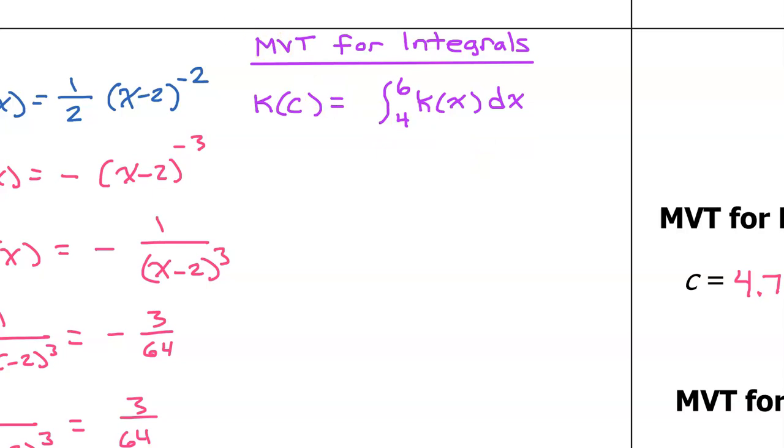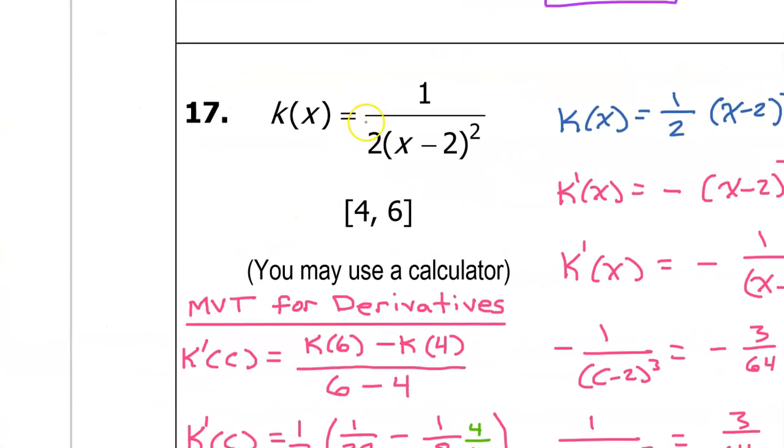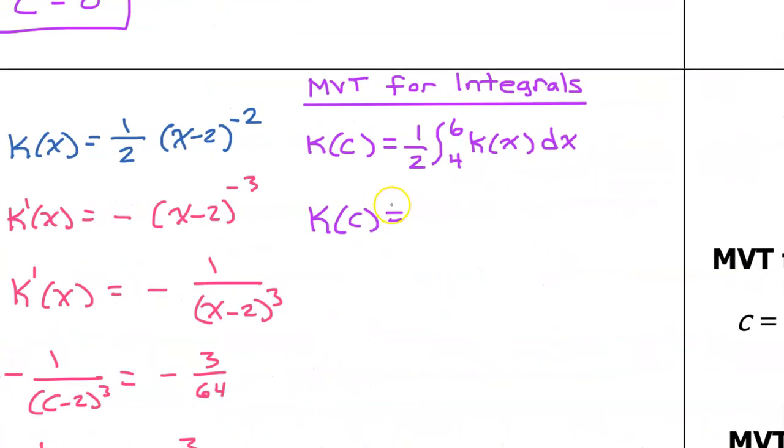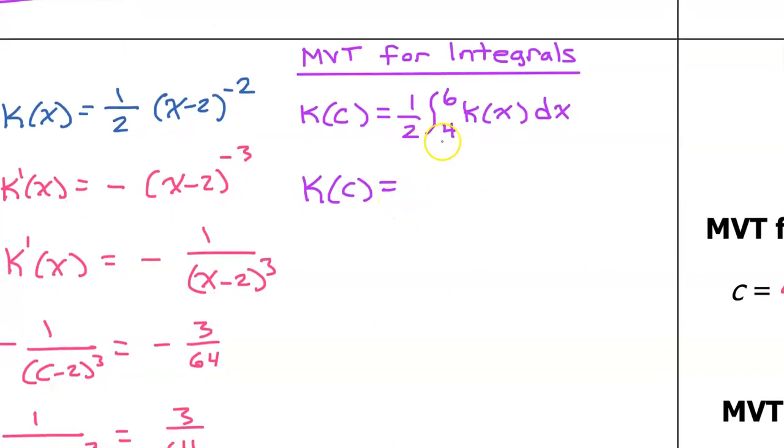Dividing by 2 is the same as multiplying by 1/2, so I'm going to write it that way just to save some space. I think I really will use the calculator for this part. We could calculate this integral analytically, but hey, we're allowed to use the calculator, so let's do it.